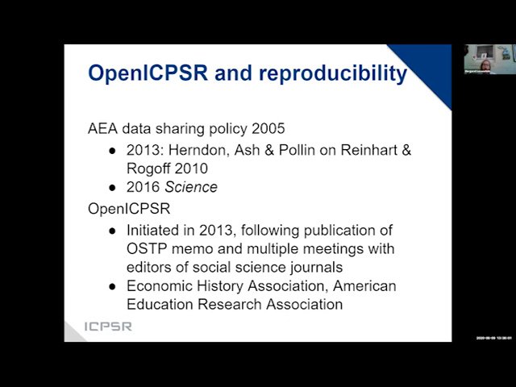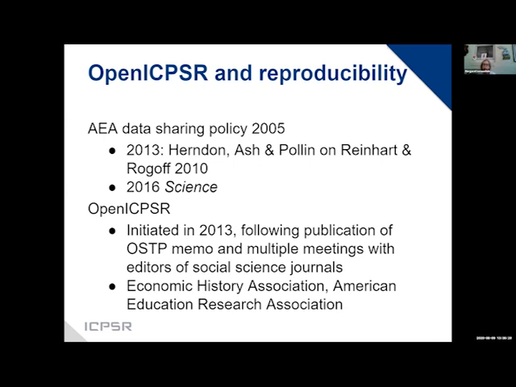Over this same period, ICPSR, which had long been sharing data, began around 2012 a series of discussions among editors of social science journals, and working with people in federal statistical agencies and federal data policy groups, supported the Office of Science and Technology Policy memo.